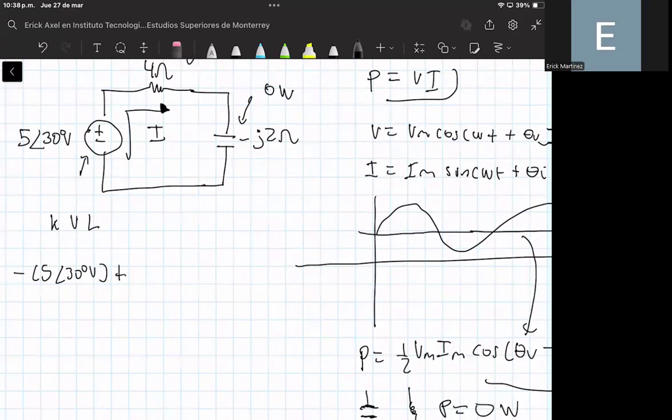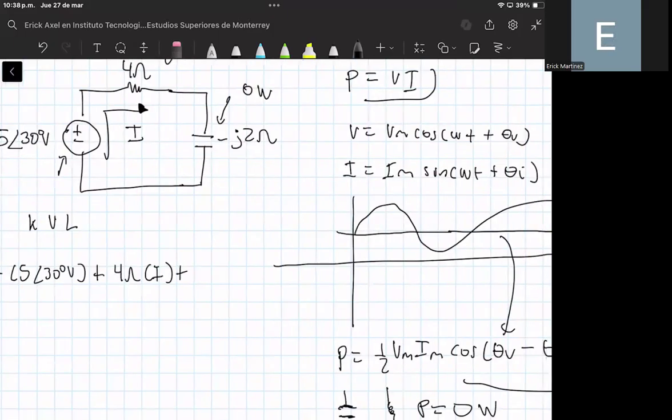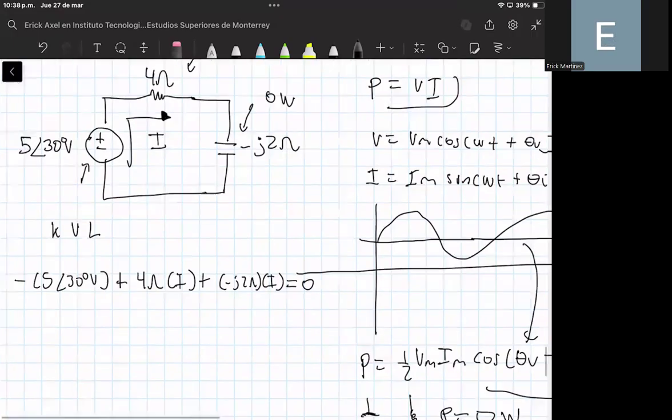Also, we will make the assumption that the voltage drop in the 4 ohm resistor is 4 ohms times the current I, plus the voltage drop in the capacitor, that is minus j2 ohms times the current I. And this is equal to 0.